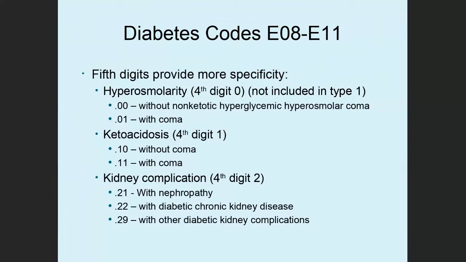Now there are additional digits under each of these, and again, these are parallel. Under hyperosmolarity, there's with coma and without coma. Ketoacidosis, without coma, with coma. Kidney complications, with nephropathy, with diabetic chronic kidney disease, and other diabetic kidney complications. So all of these, the only thing that's different is which E code you're going to use.